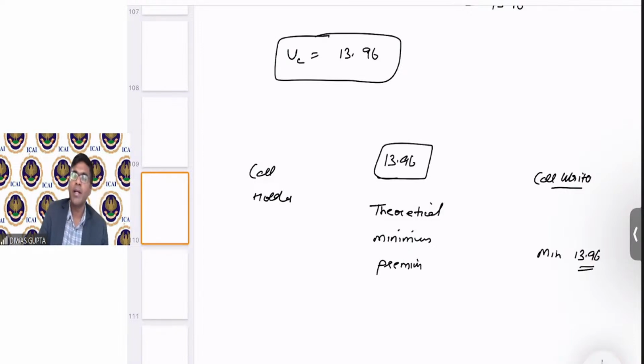The call writer will expect and the call holder will maximum pay 13.96. Correct, because the call holder will say that I will not be able to pay you more than 13.96 because the maximum benefit I will derive from this as of today is 13.96. Similarly, from the call writer's perspective, the minimum amount that this call writer will expect is 13.96. Okay, students?